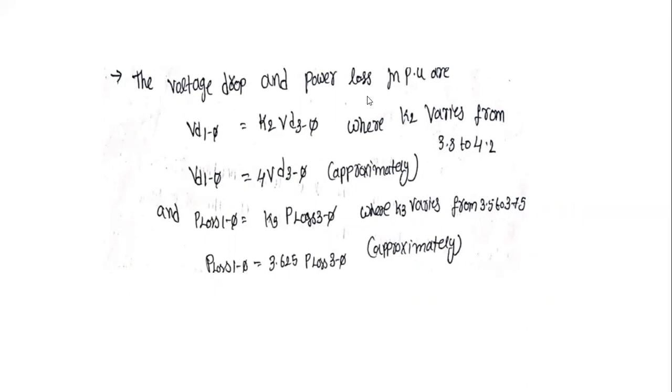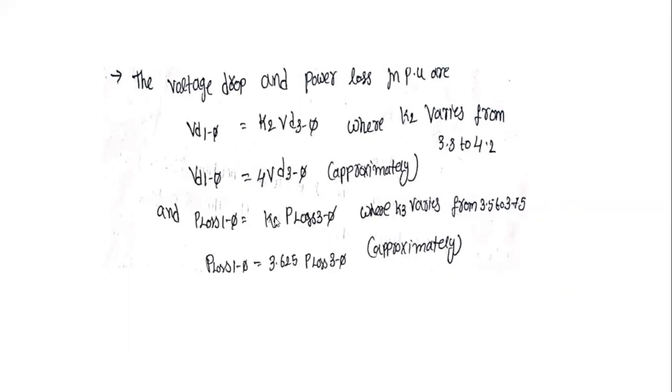Therefore, the voltage drop is VD single phase equal to K2 into VD three phase, where K2 varies from 3.8 to 4.2. Therefore VD single phase is equal to 4 VD three phase.